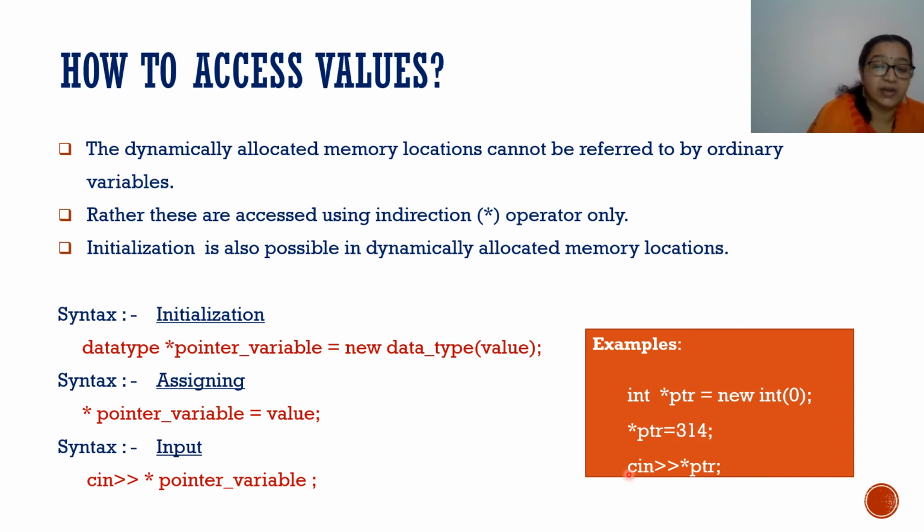The user will give a new value, and that value will be assigned to that cell. Clear? So this is the way of accessing the values through dynamic memory allocation. We need to specify the pointer with the asterisk sign, and only then can we access the values in the new block. Clear? Okay.